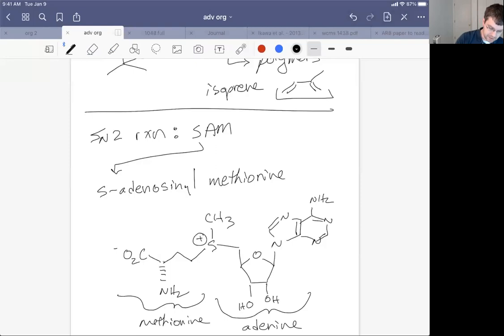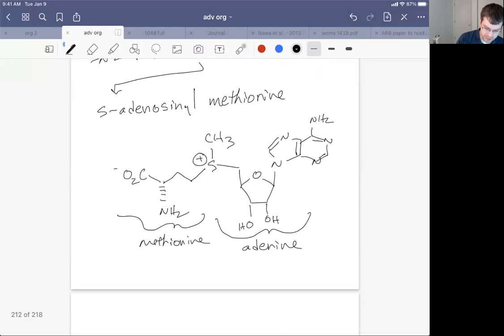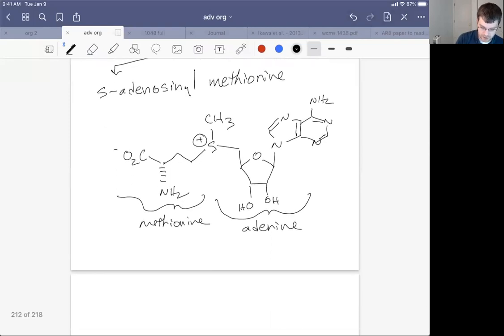Now, what that basically means is we've got a CH3 attached to a positively charged sulfur atom, which I want you to think of as a really souped up version of methyl iodide or methyl halide. That is, we have a great leaving group attached to a methyl group.